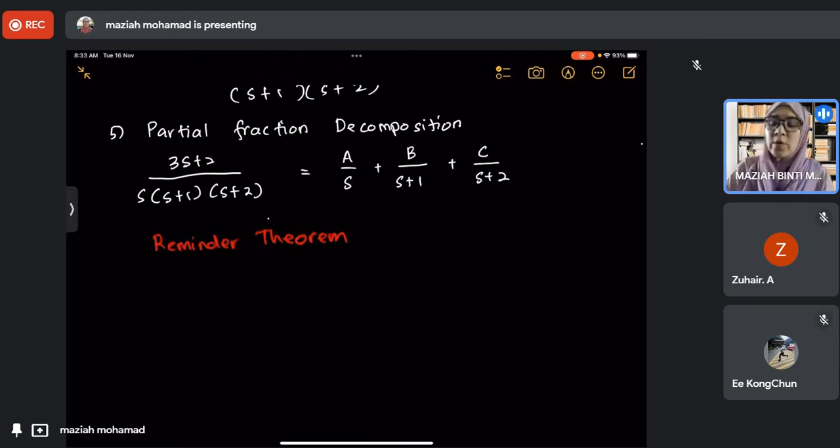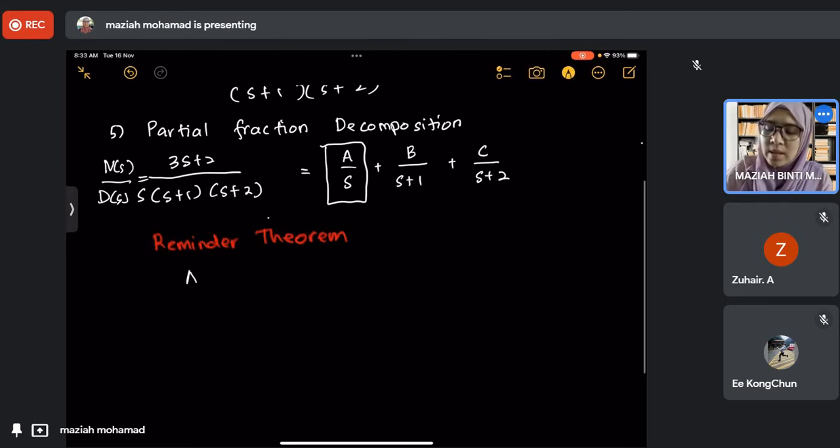So the remainder theorem, right? We have the numerator over the denominator. Now we're going to solve for A, so we just take A here. We write A is equal to S multiplied with this function here.